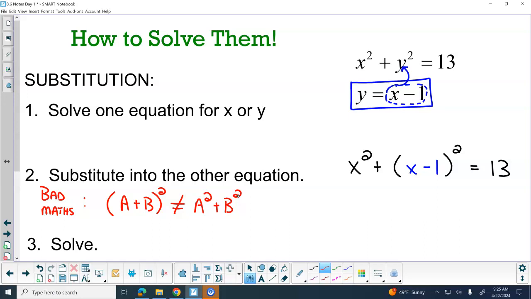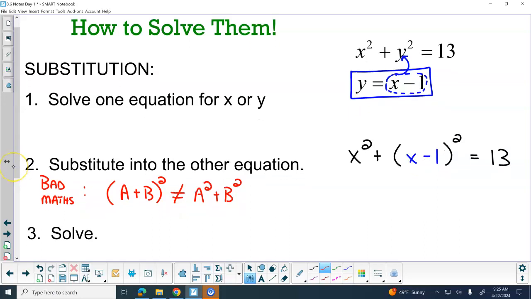That is bad maths. That's Hall of Fame bad maths right there. Okay? So really, what this means is x minus 1 times x minus 1. Gotta remember your exponents. And so then you need to double distribute.